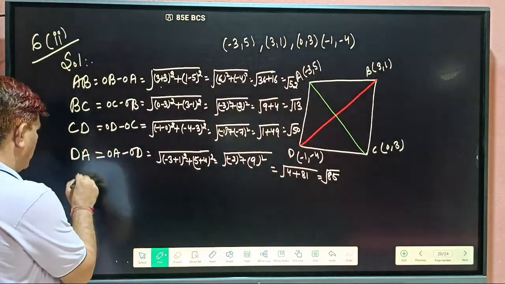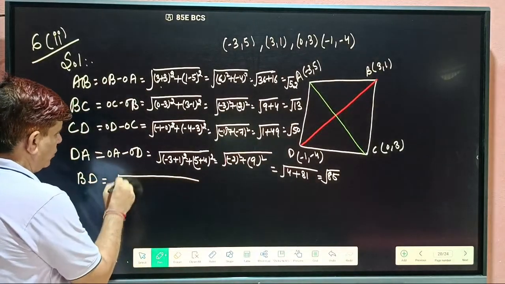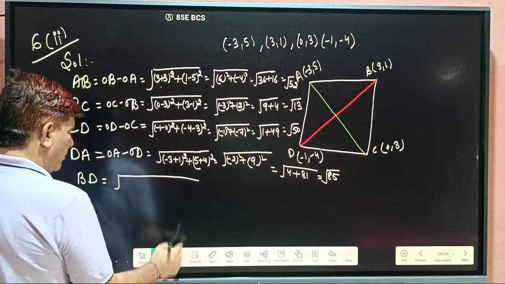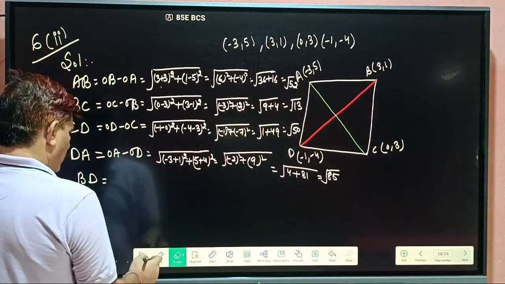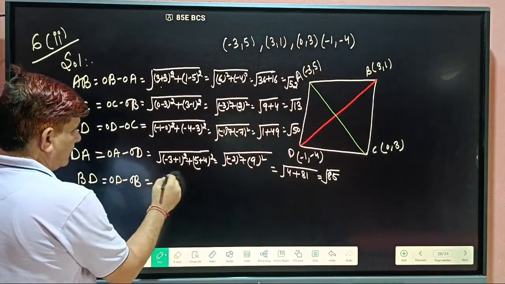So BD we can find out. BD equals under the root OD minus OB.